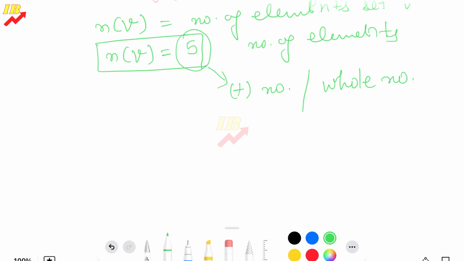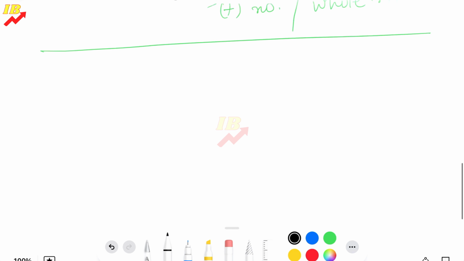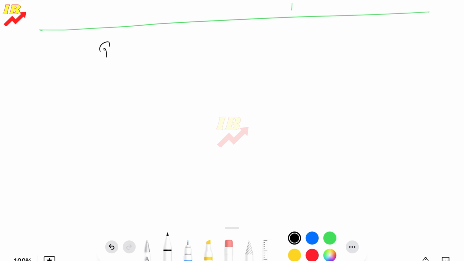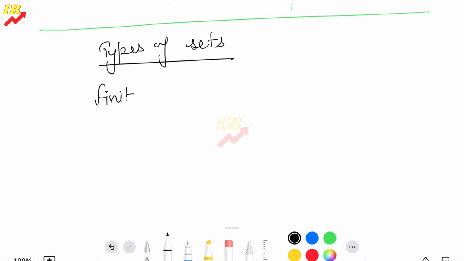Next thing is about the types of set. There are two types of set. One is called finite and another one is called infinite. The name itself says everything.